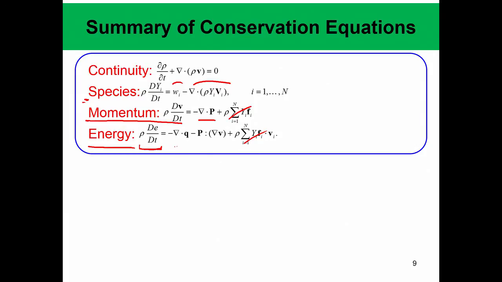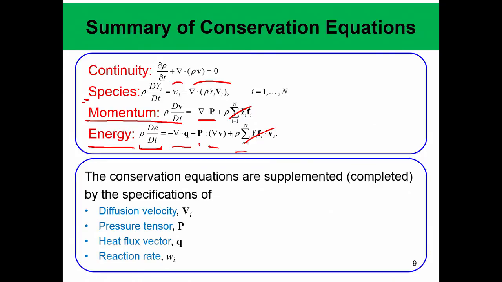We arrive at this form, with the divergence of the heat flux vector and the P tensor contracted twice with the divergence of V, and then we can neglect this body force term. So this is what we have done, and now we have the complete conservation equations ready.